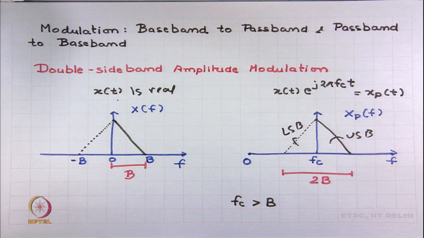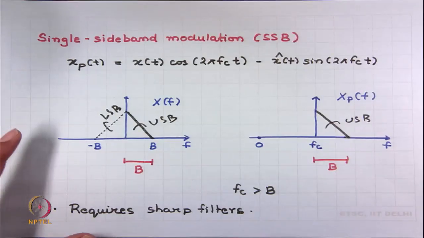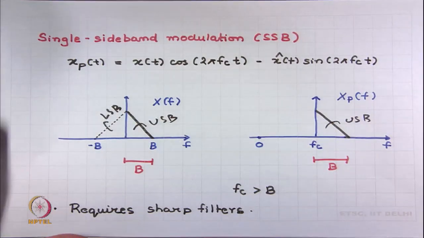So, in reality there is no need to transmit both sidebands, because one sideband is redundant, and this is what we do in single sideband modulation, we clip off one sideband.